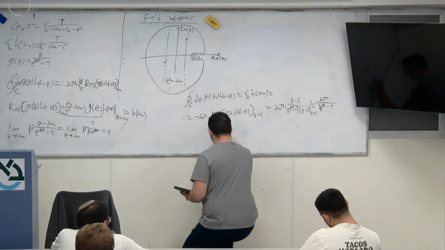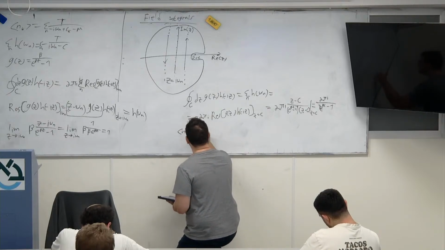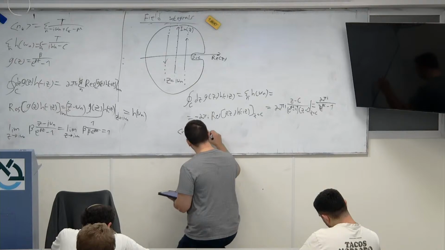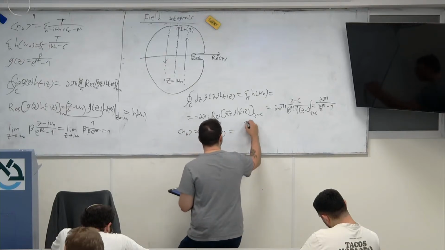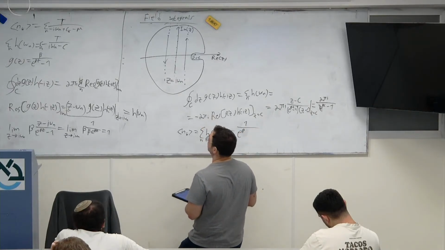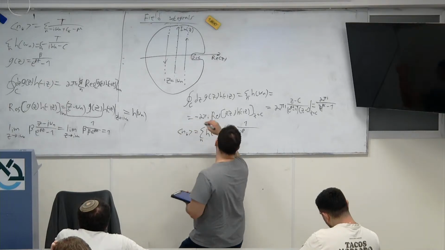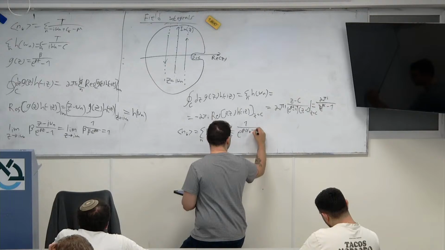So n_k equals the sum over n of h(omega n) equals 1 divided by e^(beta c) minus 1. Now I'm going to put the c back in. c is epsilon_k minus mu, so n_k equals 1 divided by e^(beta(epsilon_k minus mu)) minus 1.